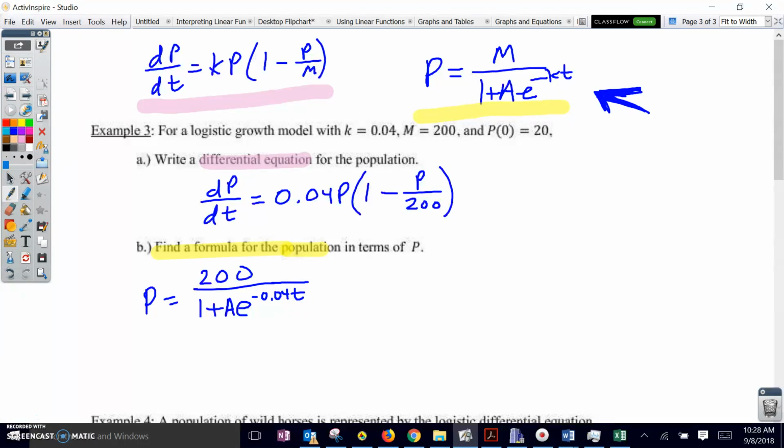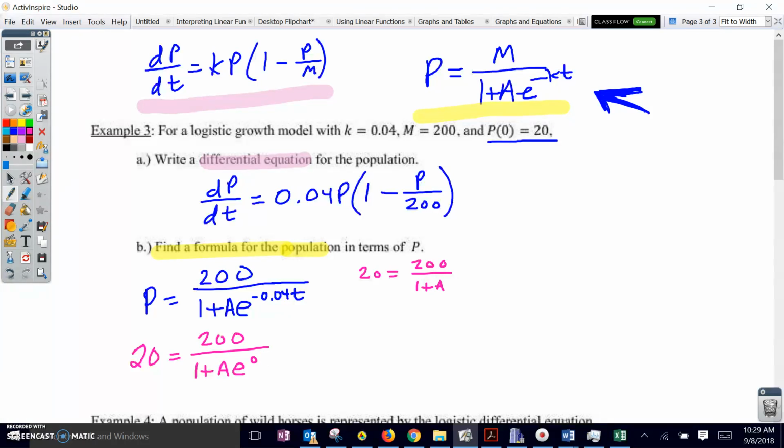Okay, and now all I need to do is solve for the a value. I'm going to use the initial condition to do that. So I'm going to put 20 in for population, and 0 in for t, and so this turns into 20 equals 200 over the quantity 1 plus a.